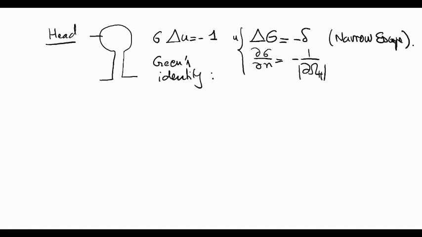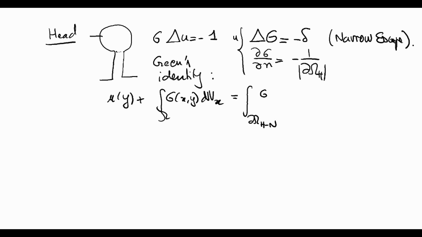we derive an equation for u of y. So u of y plus the integral of the Green's function G(x,y) d volume of x over the head equals, so let's call this boundary between the head and the neck, d omega head-neck, the integral of the Green's function G(x,y) du/dn of x dS_x, plus a constant.